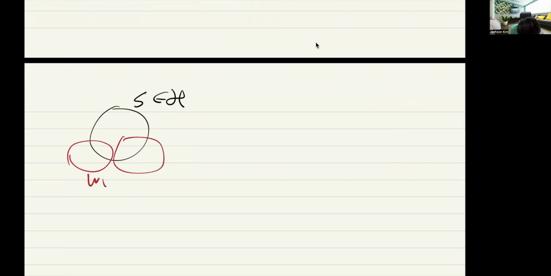Let's say you have this S which is in here, and say that W1 is here and W2 is here. And after that, this part is already covered. So these are left to be covered.